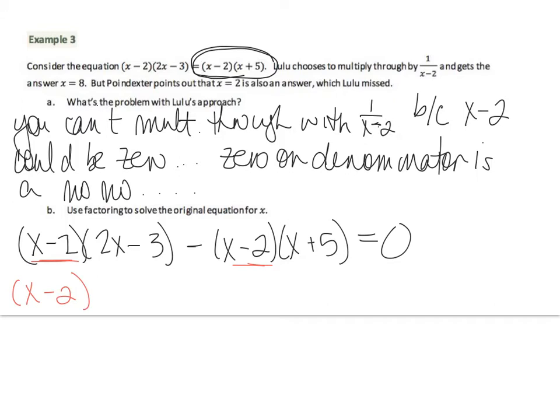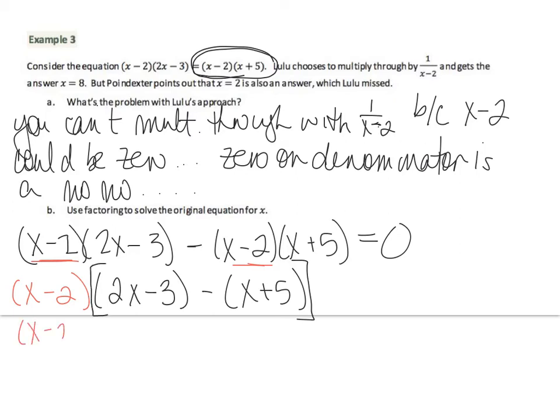And what I have left is 2x minus 3 minus x plus 5. Let's simplify that a little. Got 2x minus x, which is just plain old x, and negative 3 minus 5, which is negative 8. Should have written this up there.